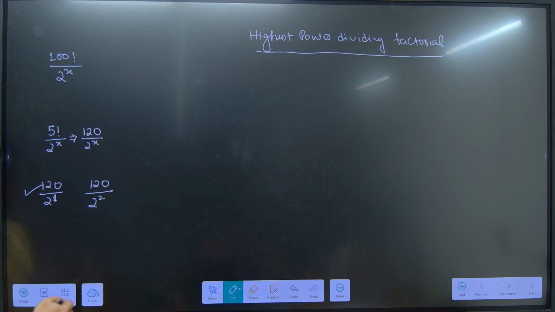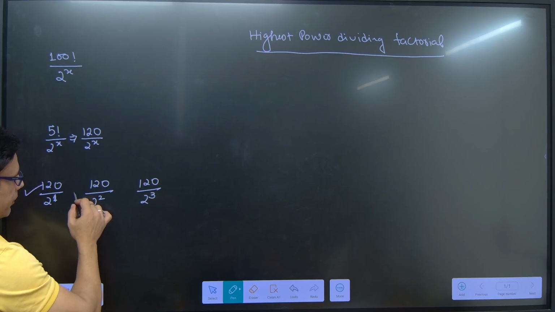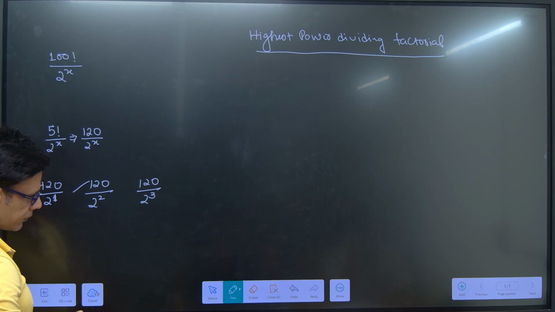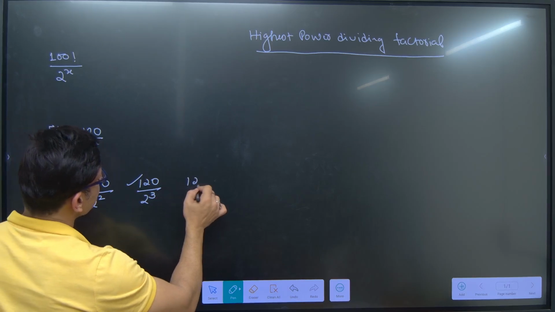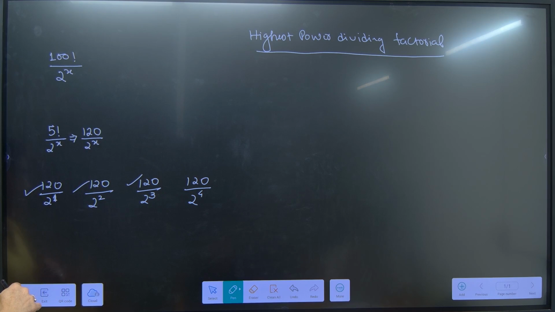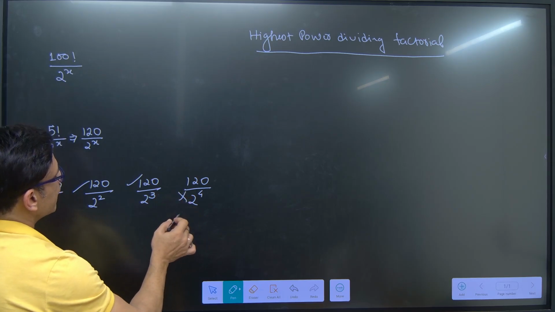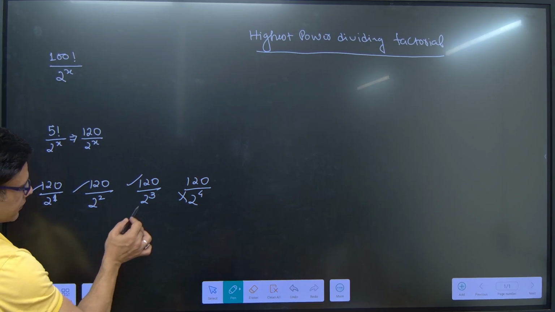It does. 2 cube, it also does. So what is the highest power of 2 which divides 5 factorial completely? 3.